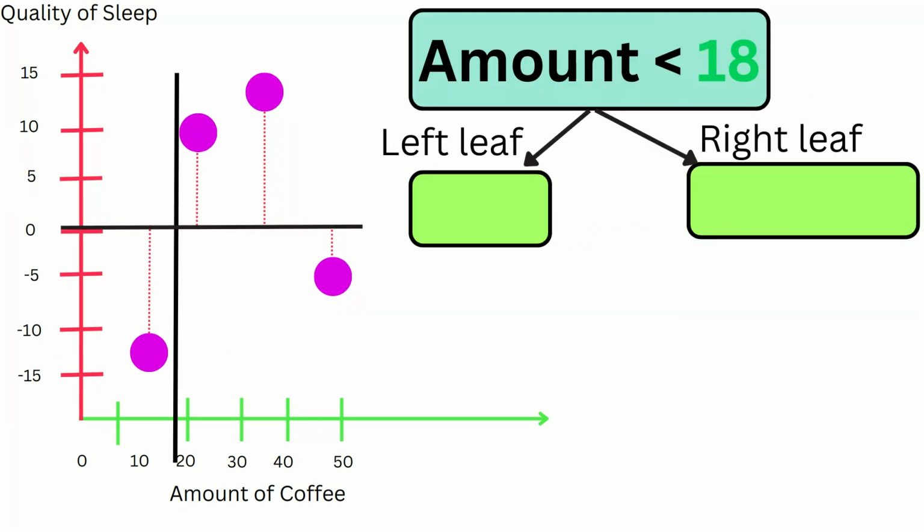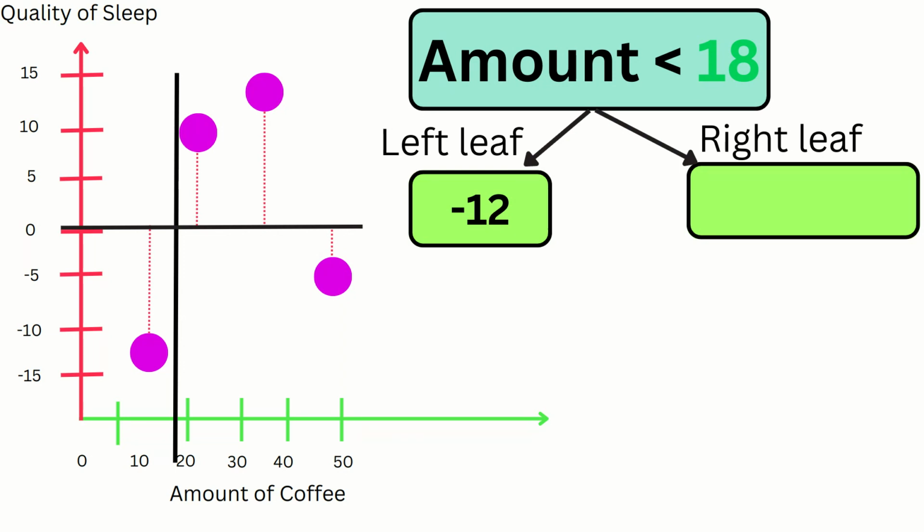Consequently, we divide the observations into two groups based on whether their amounts are less than 18 or not. Observations with amounts less than 18 belong to the left leaf, so their corresponding residuals are assigned to the left leaf as well.